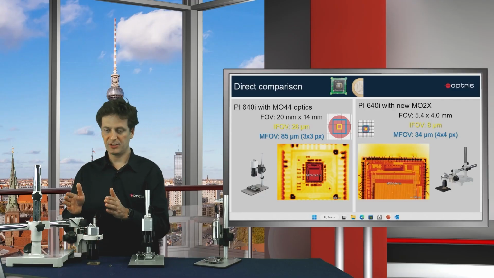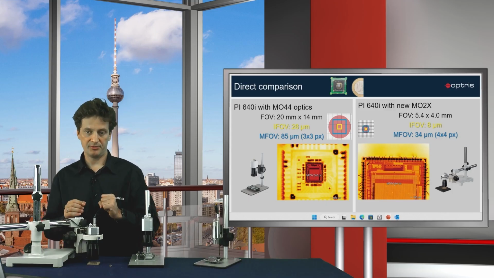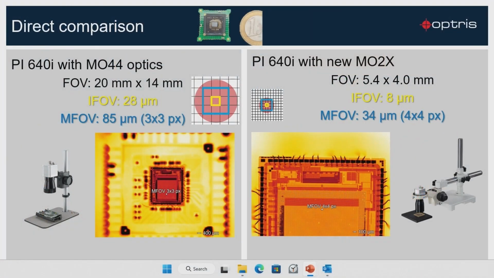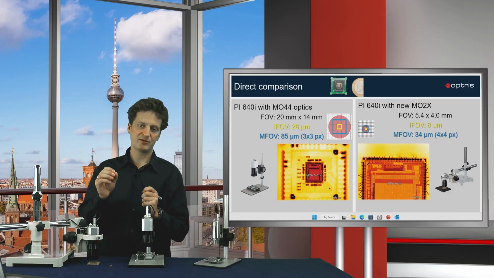Now on the other side we see the PI640i with the MO2X optics. And here we see the big difference. The field of view is much smaller, 5.4 times 4 millimeters. And the instantaneous field of view, as mentioned, 8 microns, 1 pixel equals 8 micrometers. And the measurement field of view, due to the characteristics of the optics, we need to have 4 times 4 pixels.